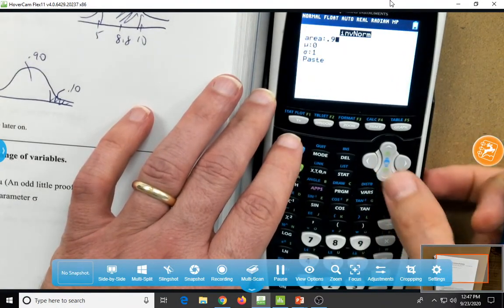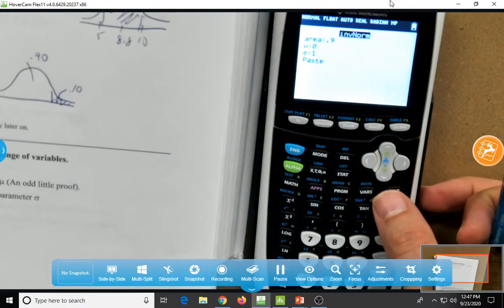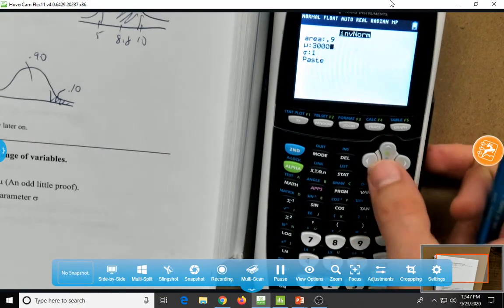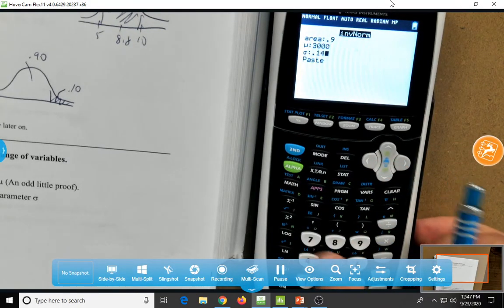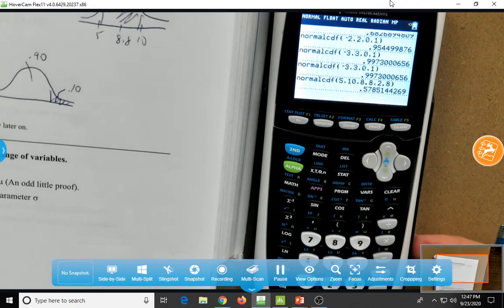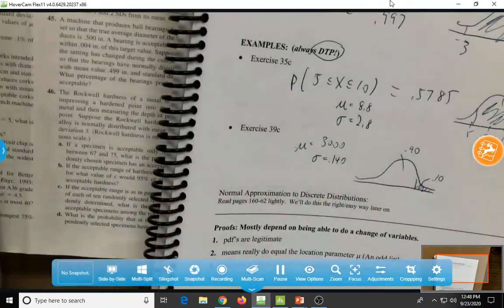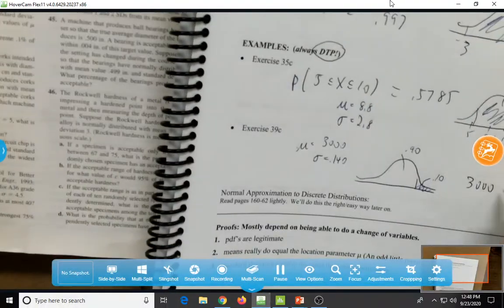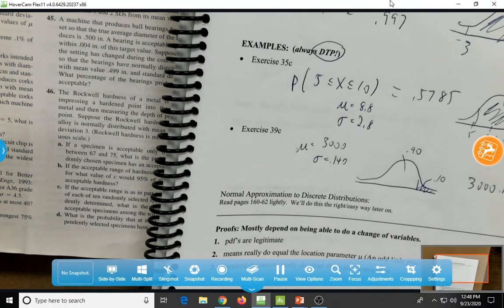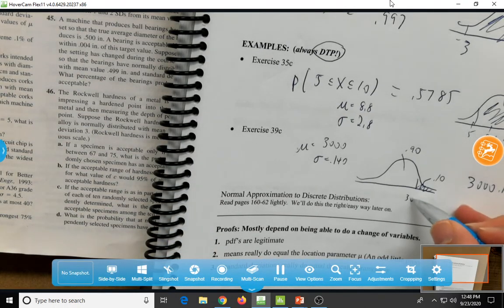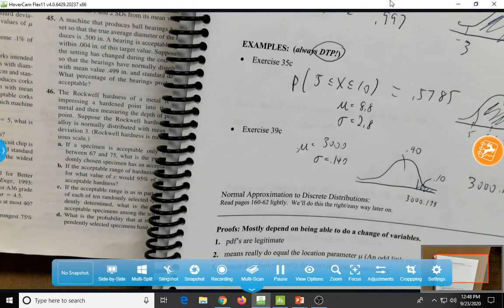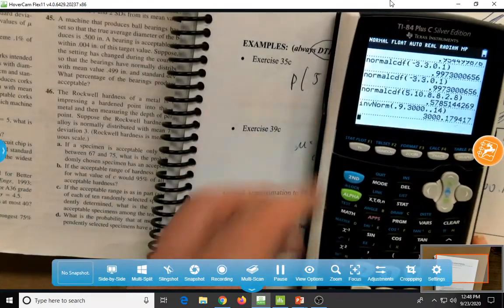The area is 0.9, 3,000 as our mean, and 0.14 as our standard deviation. And so it would be 3,000.179, which separates that, which is this value down here. And you got that 0.9 from the problem? Yeah.